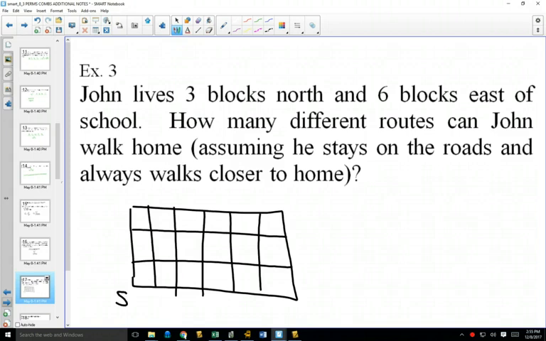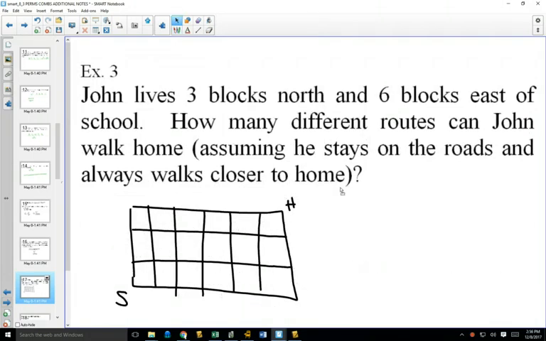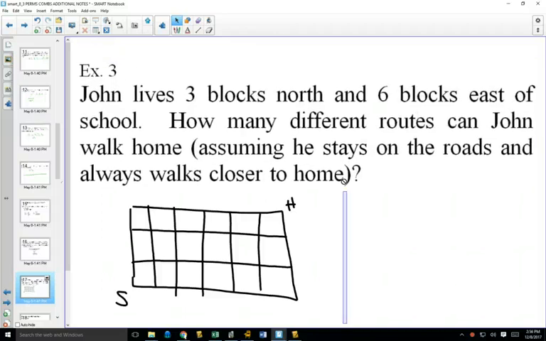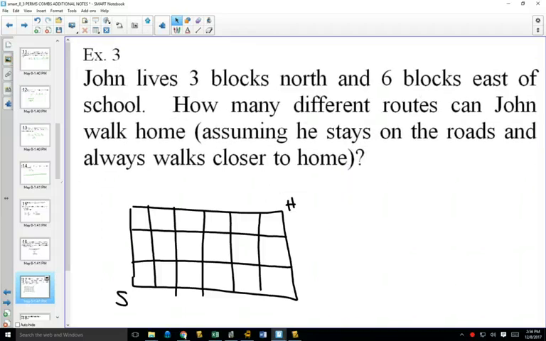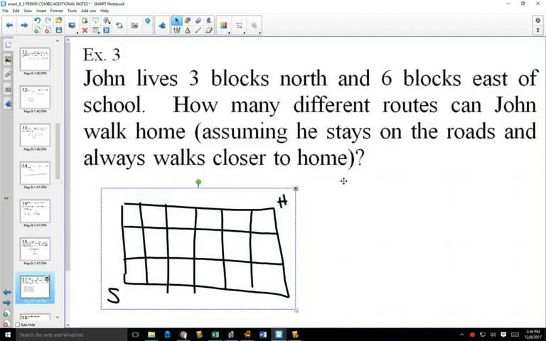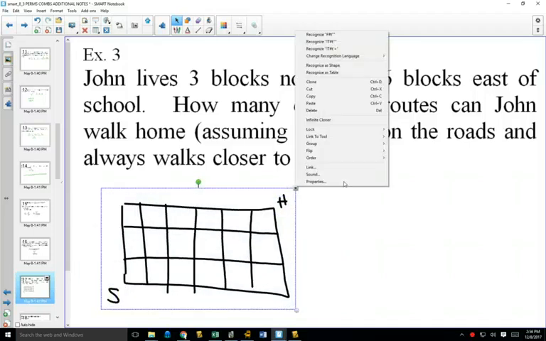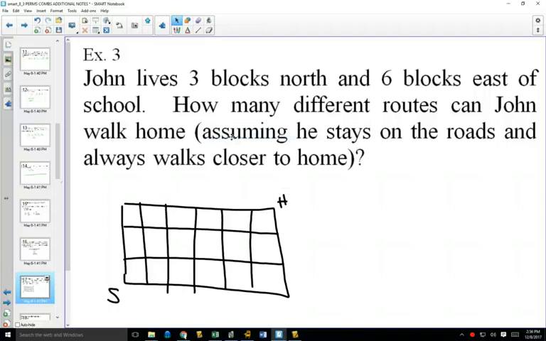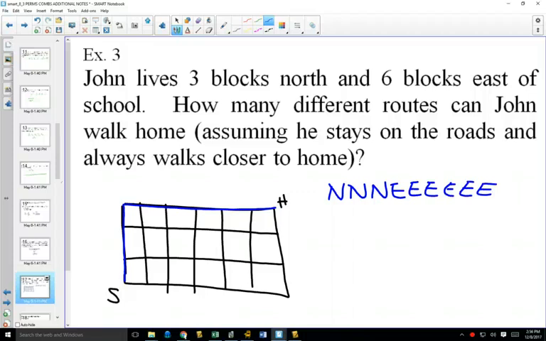So if here is school, here is John's house. Now, one possible route that could take him home would look like this. Straight north, straight east. And that would be represented like that.